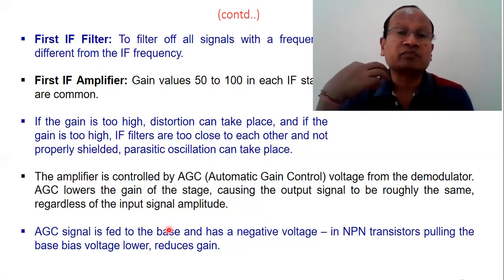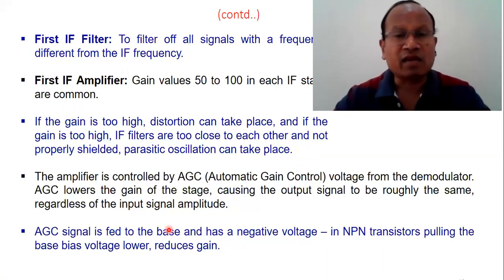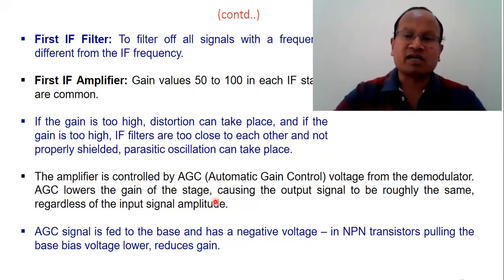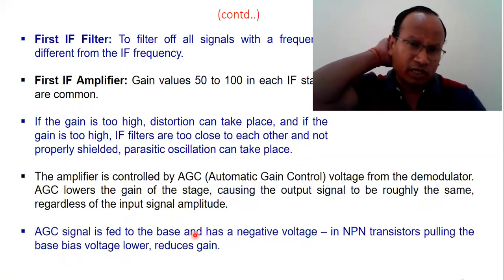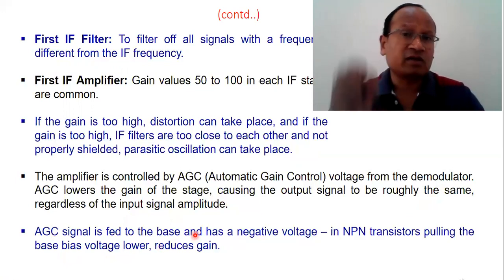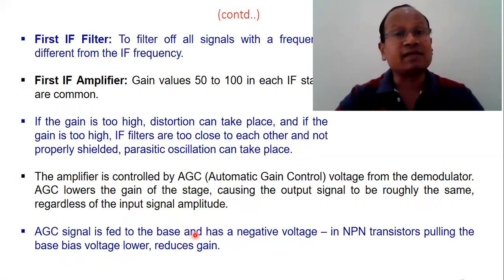The amplitude ripple, amplitude variation, and amplitude overshoot can be suppressed and limited. So in an NPN transistor, it puts the base bias voltage lower, and therefore the gain will be slightly lowered. As we have also noted, when the gain is very high, distortion results, and because of that distortion the amplitude varies.